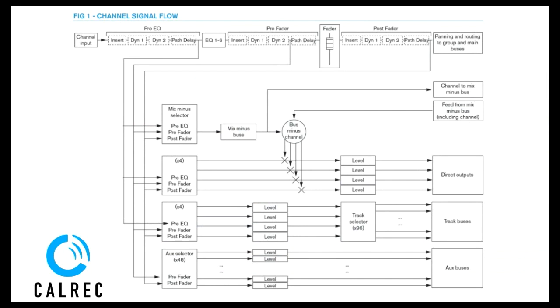And that's really the difference between the Artemis and the Apollo. There's 4 different versions of Artemis, and then there's the Apollo, which would be the flagship. But the basic difference between them is input channel count, anywhere from 240 up to 1,020. And you get a few more tracks and auxes as you go bigger as well.